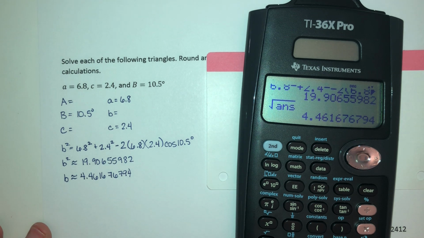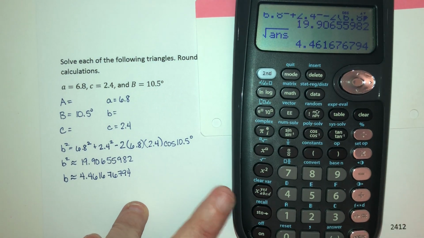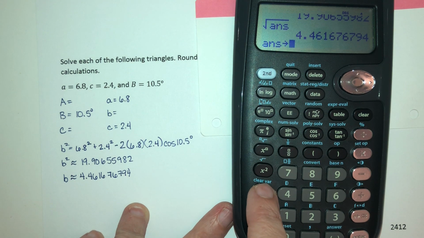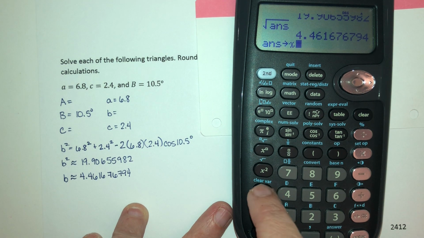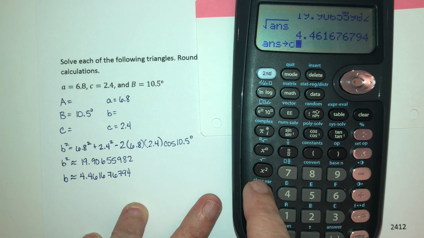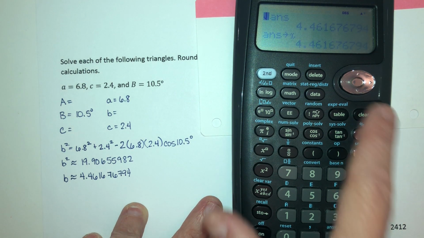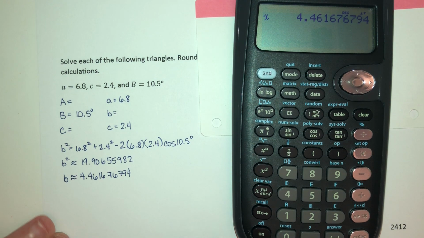Okay. Now I'm going to put this value into my memory on the calculator. So on this calculator, I hit store, and just because it's the first variable that comes up, it's X, but that's going to be my B value. If I really wanted to, I could push this multiple times and actually assign it to B, but that's going to get annoying. Okay, so now anytime I just push X, that same value is going to come up.